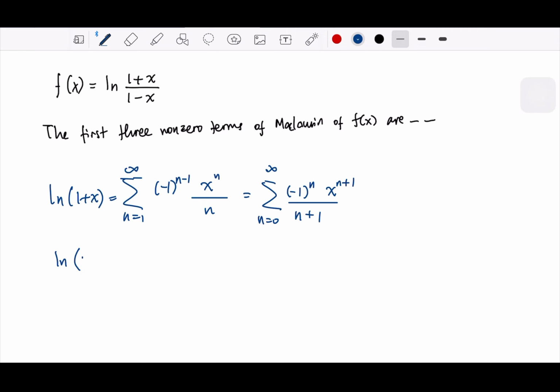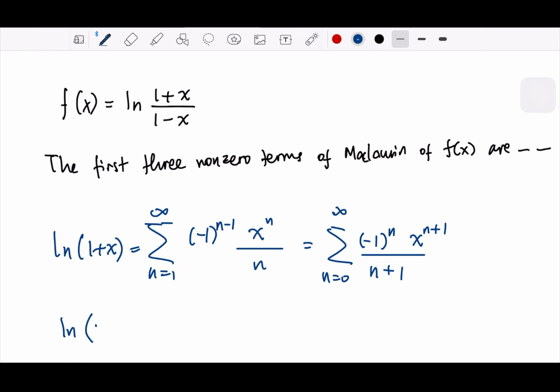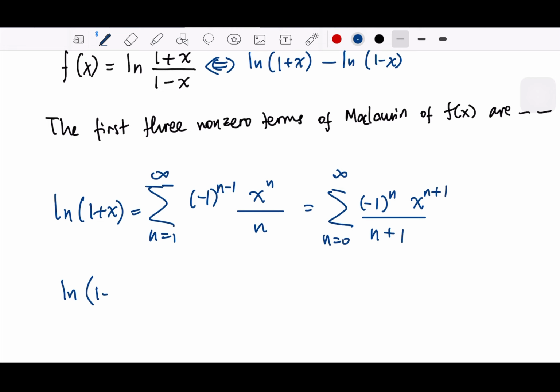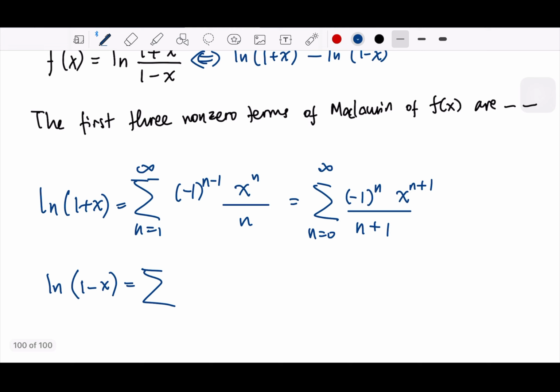because of ln, we can rewrite this as minus, right? And basically, if we have minus, let's just take n equals 0 and exchange the x. Exchange the x.